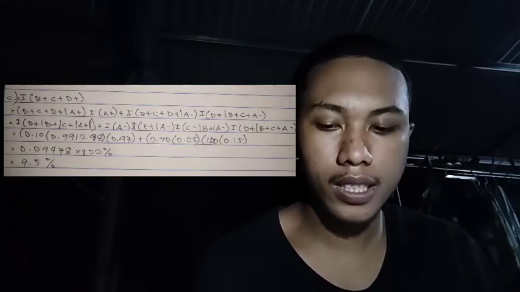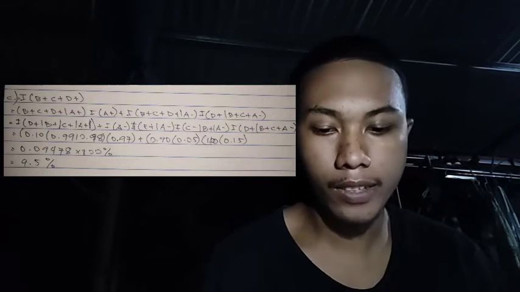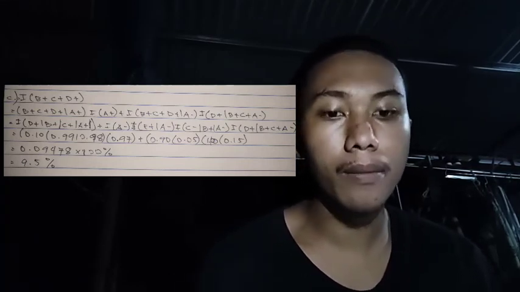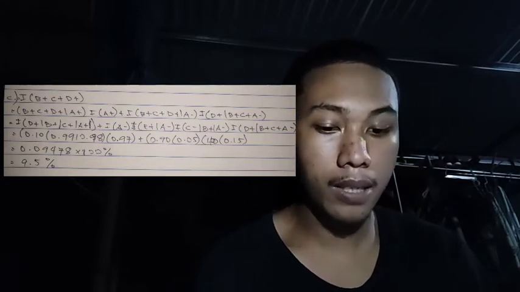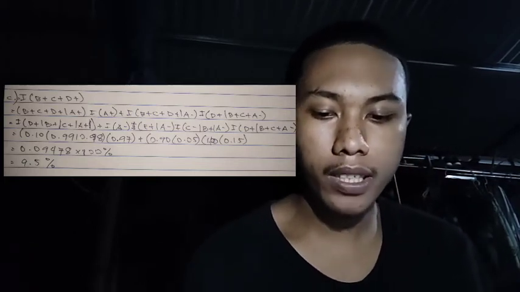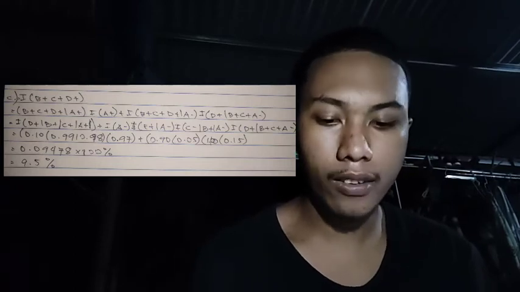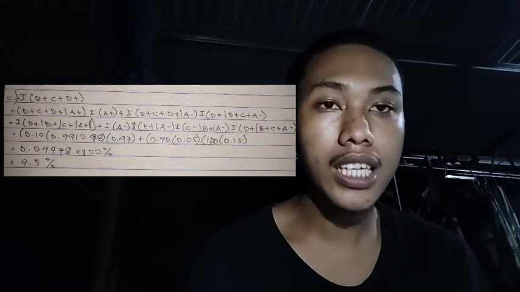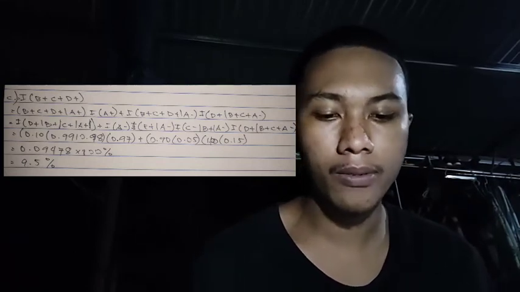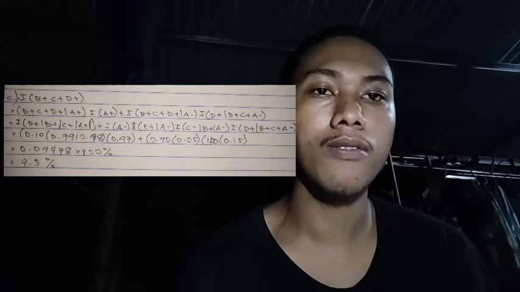Upon expanding this, it comes to B positive, C positive, D positive times A positive, plus the other combinations with A negative.